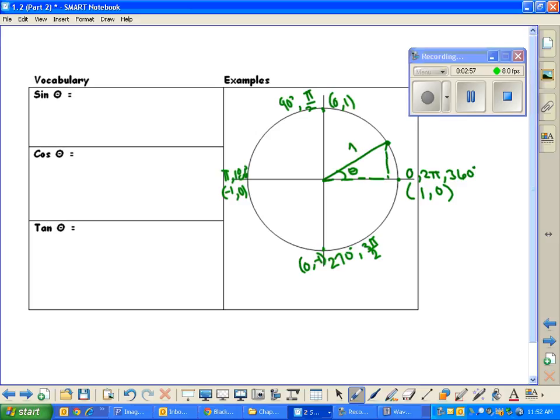And this distance is some distance x. We know this distance is some distance y. So this point right here is x comma y. We already know this. This is nothing new to us. Are we okay with this? Just a picture. Sine and cosine, this should be review.